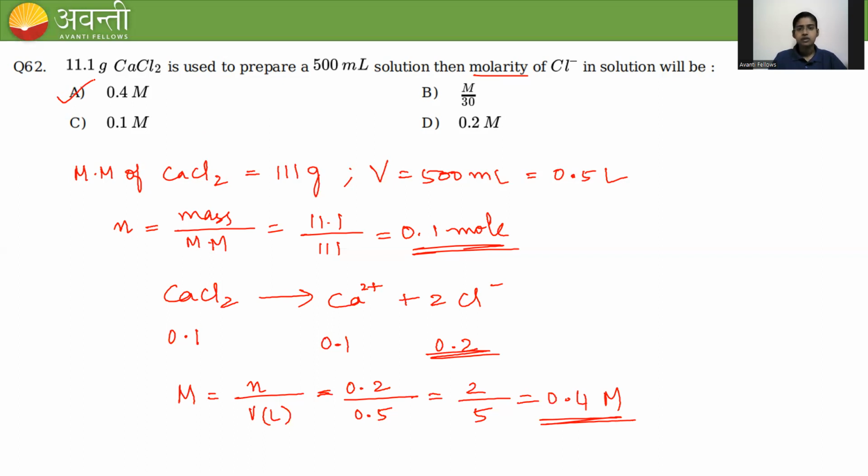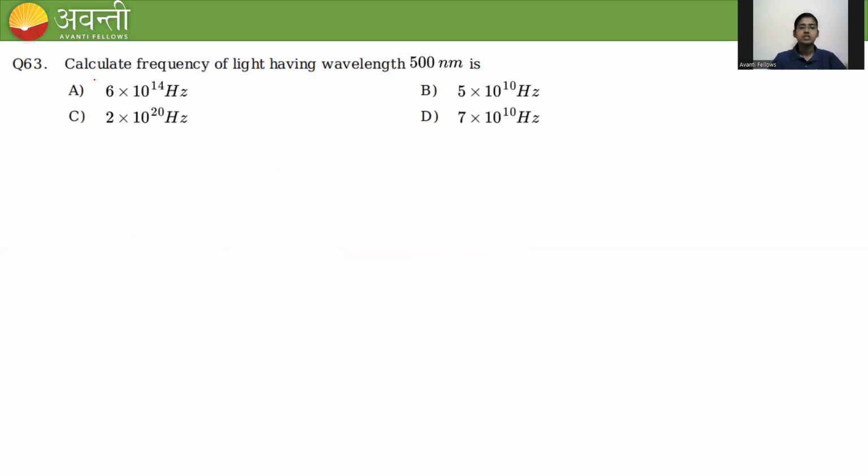Okay. So coming to the next question, we have to calculate the frequency of light having wavelength 500 nanometer. Wavelength is given, we are asked to find the frequency. And we know that nu is equal to c by lambda, right? Where c is the speed of light, which is equal to 3 into 10 to the power 8 meter per second. And the wavelength is 500 nanometer.